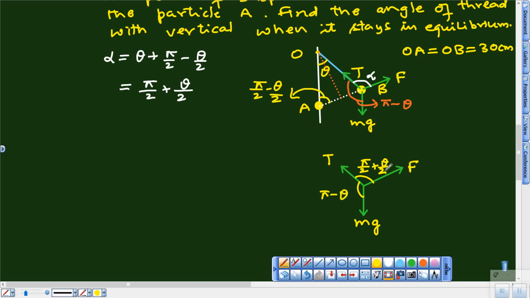If I apply Lami's theorem, what is Lami's theorem? Lami's theorem says that if three forces are in equilibrium, then every force is proportional to the sine of the angle between the other two forces.